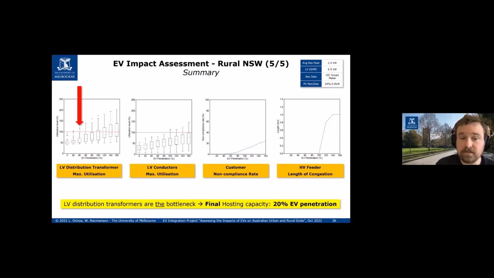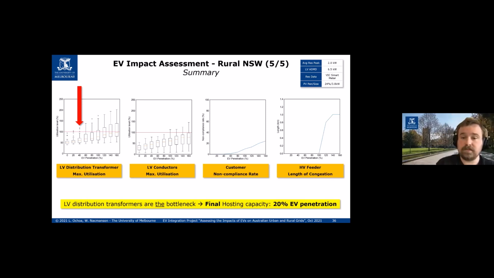So these are quite significant impacts, and if you're not going to do anything about it, it's a lot to address to increase that EV hosting capacity. And finally, if we look at the customer non-compliance rate, which is second from the right, we can see that by the maximum EV penetration, approximately 1 in 5 customers have a voltage issue as well. These are quite significant numbers, but of course this is just one feeder.